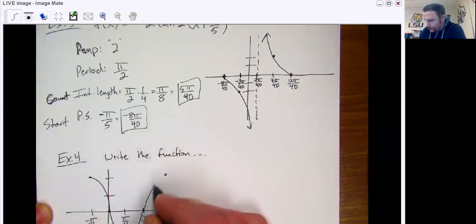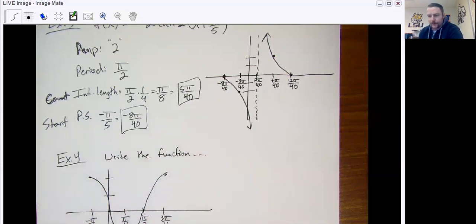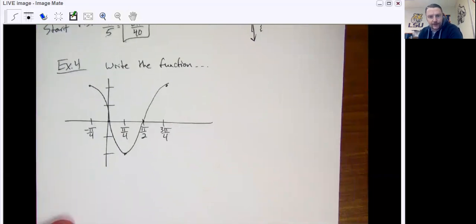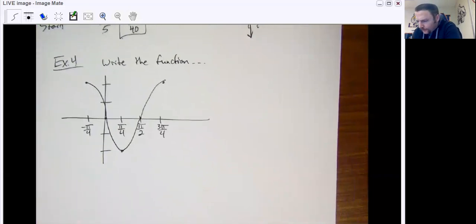All right. While you're copying that down, sorry, I'm a little off the page, but there you go. So write the function given this graph.